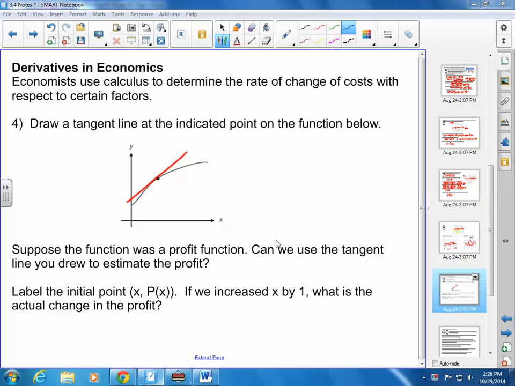This graph, let's say, it says suppose it was a profit function. Can we use the tangent line you drew to estimate the profit? Well, if I said that X is my number of items, and this is my money, okay?